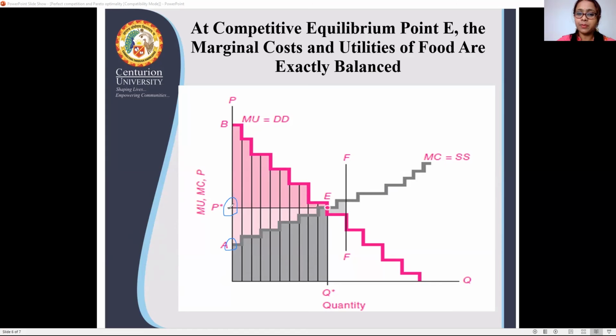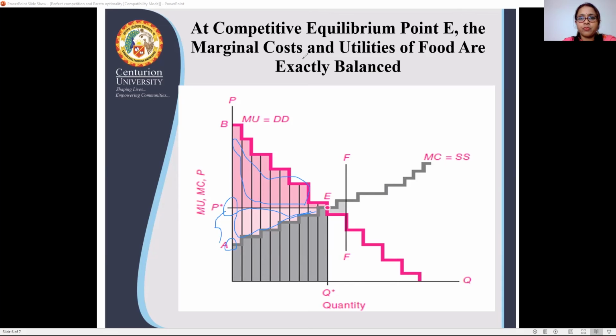So OP is the price charged, whereas the supplier is already ready to supply at OA price. What is again the difference between these? Similarly, if we add all these points, we get the producer surplus, this area. So this is the area of producer surplus, and this is the area of consumer surplus.